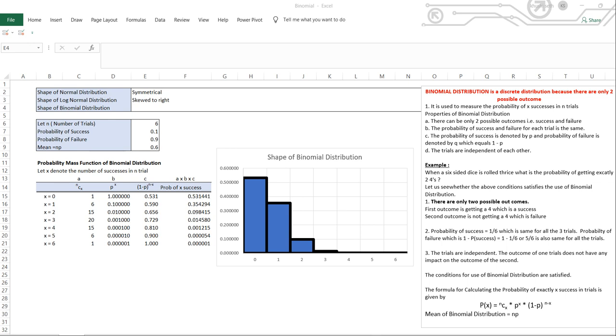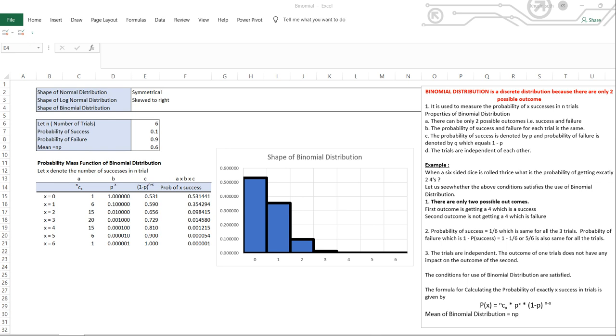So the probability of success is 1 by 6, and this is going to be the same for all the three trials. The probability of failure is 1 minus 1 by 6, or 5 by 6, and it also won't change.